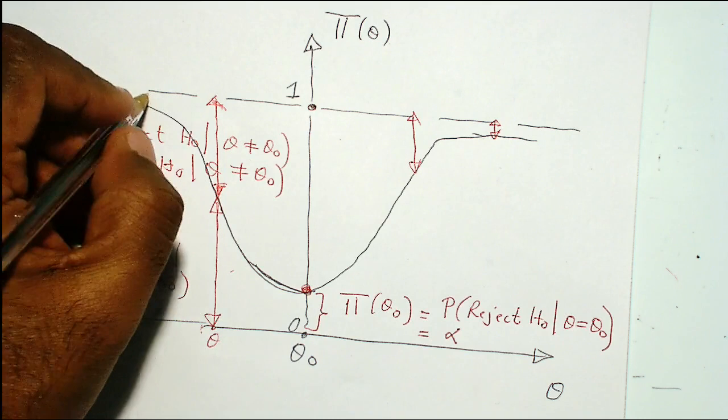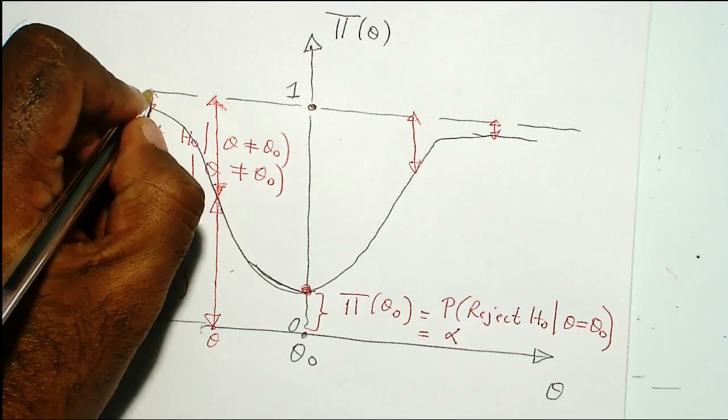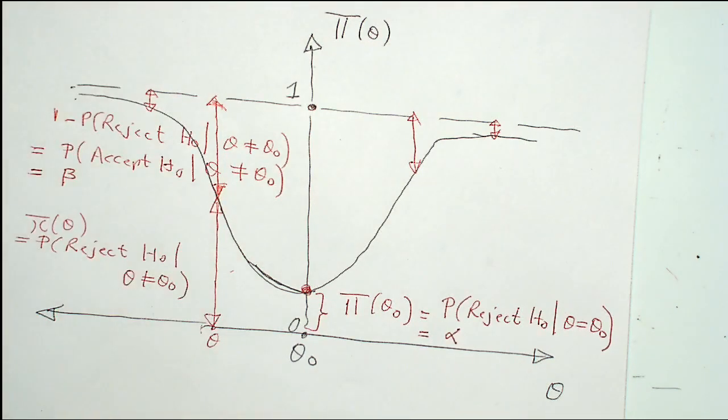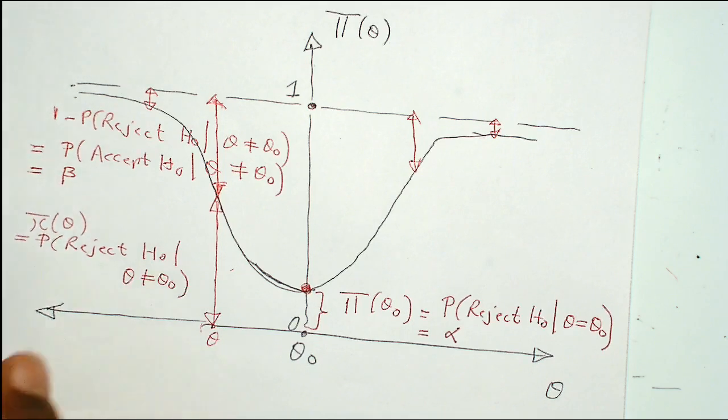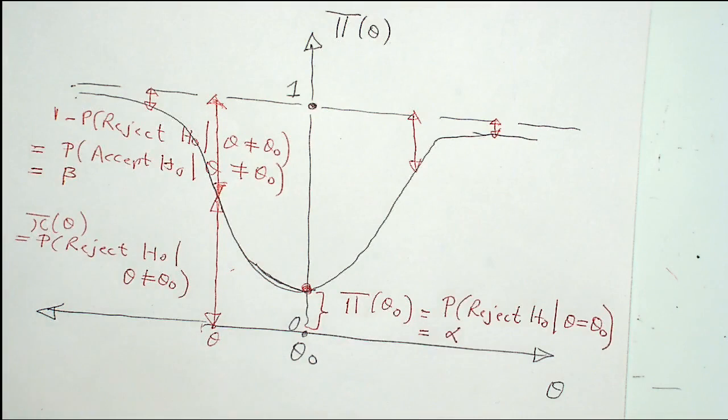That's why all these distances, as you go further away from the center, from theta equal to theta 0, are getting smaller and smaller, because you want beta to be as small as possible. So that explains the typical shape of a power function, right? The shape is driven by the desire that we want both alpha and beta to be as small as possible.